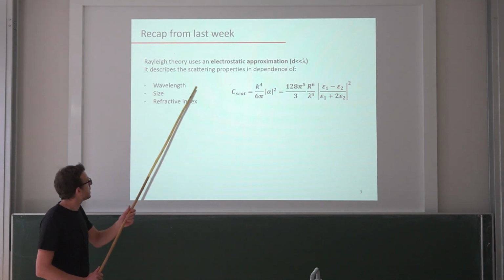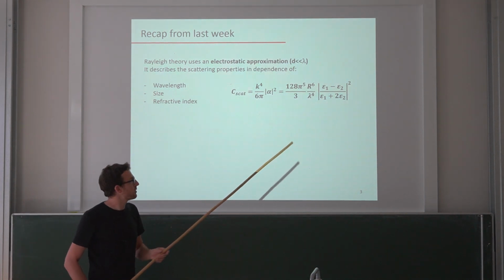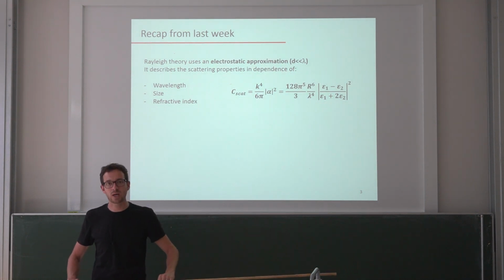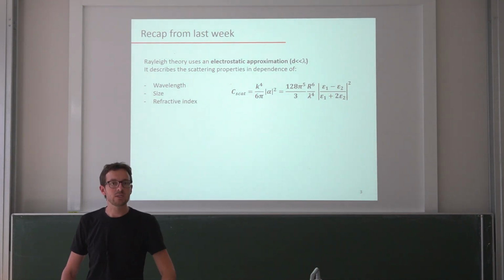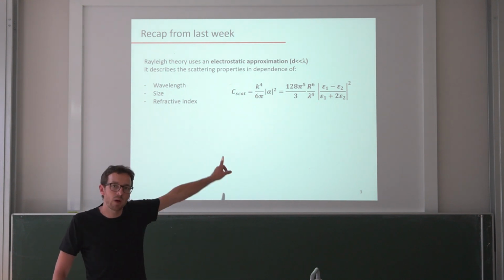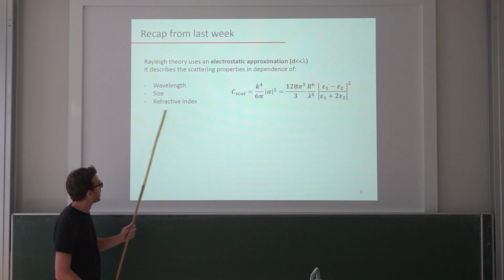And we saw that we also got an expression for the size of the particles. This goes with r to the power of 6, so a very strong size dependence. But mind you, still in the limit of electrostatic approximation. So the particles still need to be smaller than the wavelength of light in order to be described by this theory.